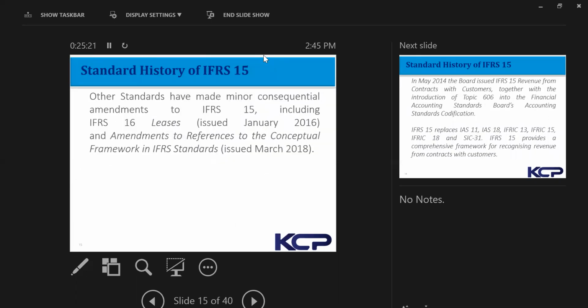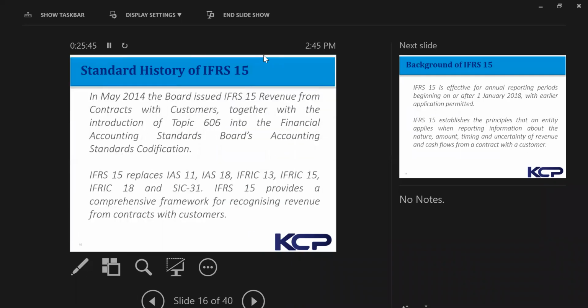Other standards have made minor consequential amendments to IFRS 15, including IFRS 16, that is on lease, issued in 2016, but the effective date was when? 2019. There was also an amendment by reference to conceptual frameworks in IFRS standards, issued in March 2018. Are we there?